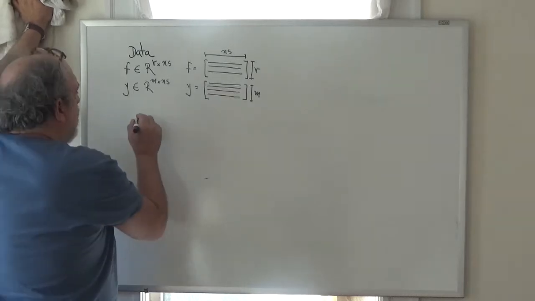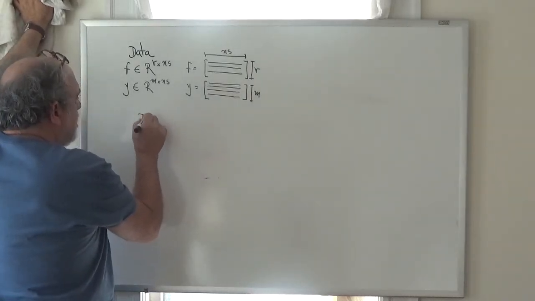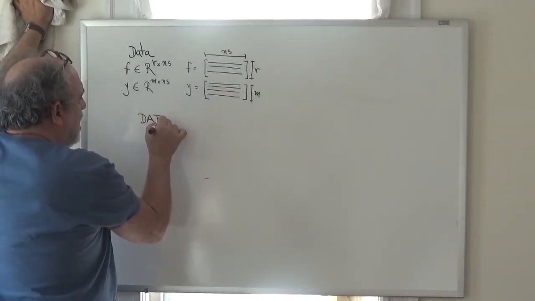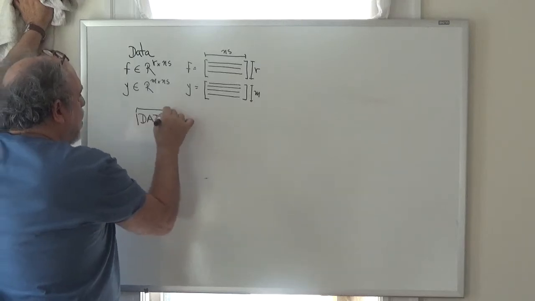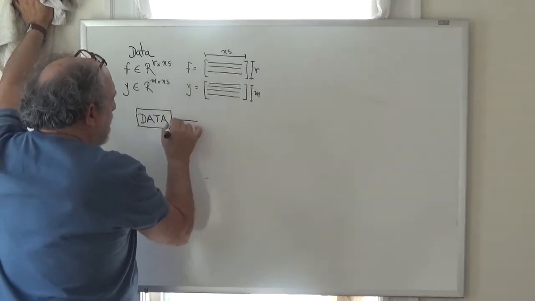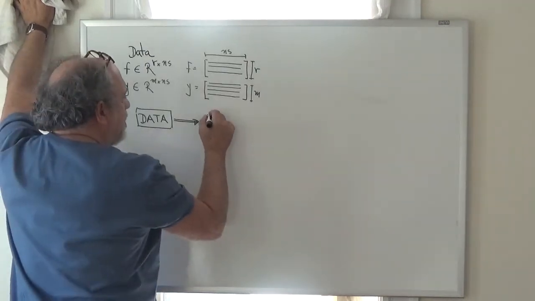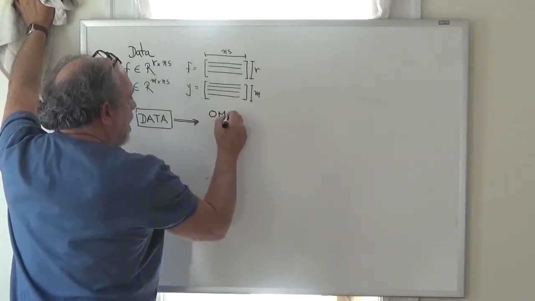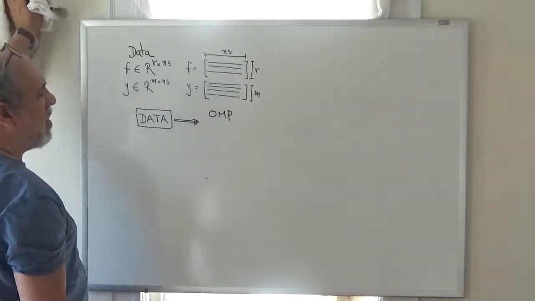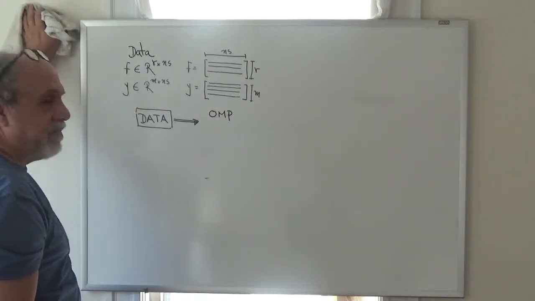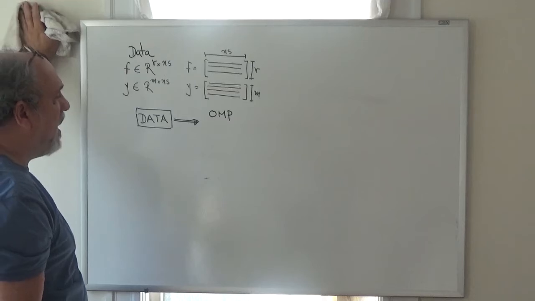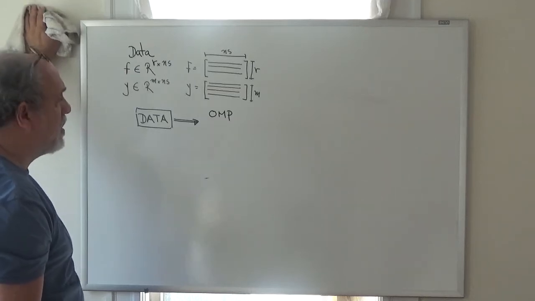Then, from the data, the first thing we do is we obtain observer Markov parameters, right? Now the observer Markov parameters, as we've stated many times, are a zip file for the Markov parameters.